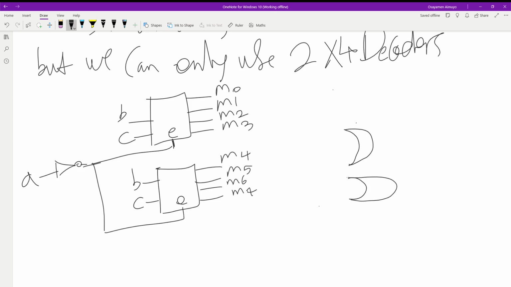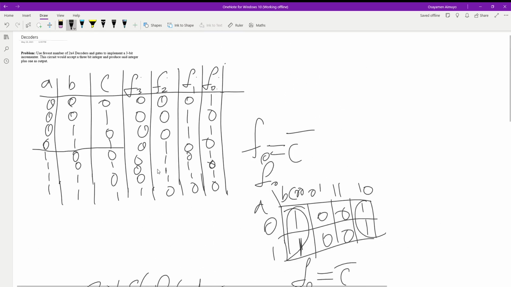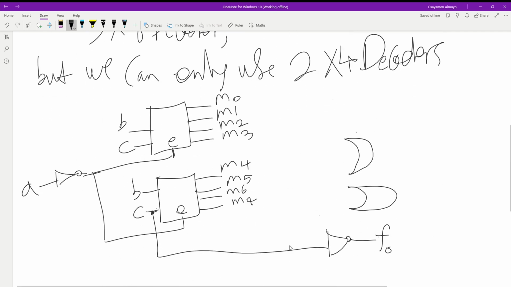But I remember that F0 was just C bar. So you're just going to have this here for F0. And then notice again that F3 is just the minterm M7, right? So all we have to do is just something like this.